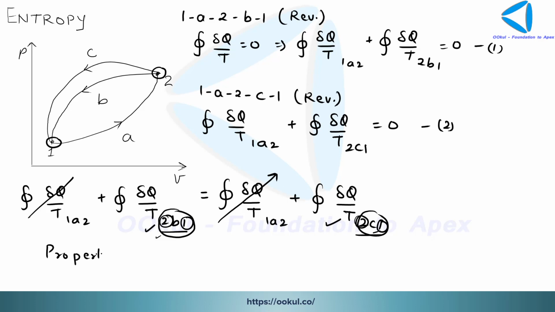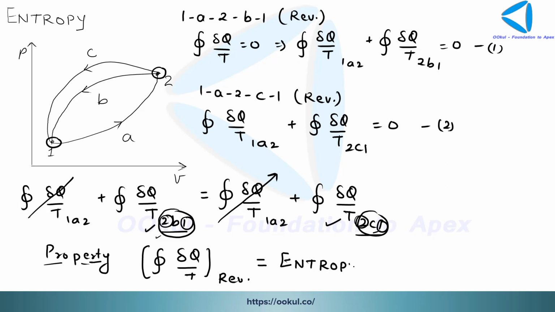Okay, this we have already discussed in our previous videos. So that kind of quantity which depends only upon the state points, that is the final and the starting point, irrespective of the path, is called a property. And this property, that is the integral of delta Q by T, but please remember, for a reversible process, is known as entropy.